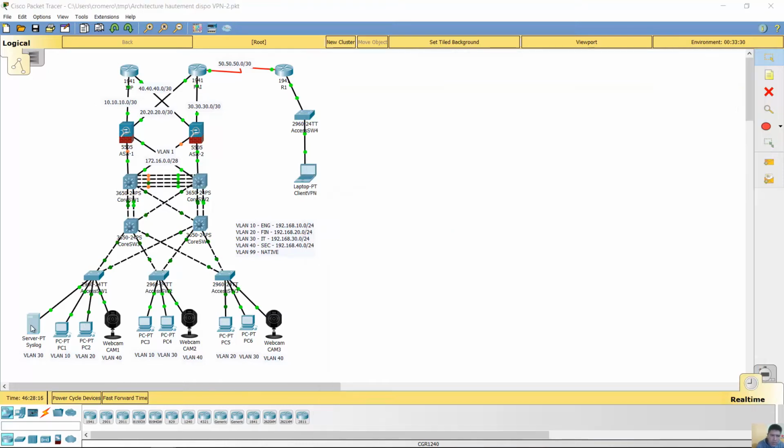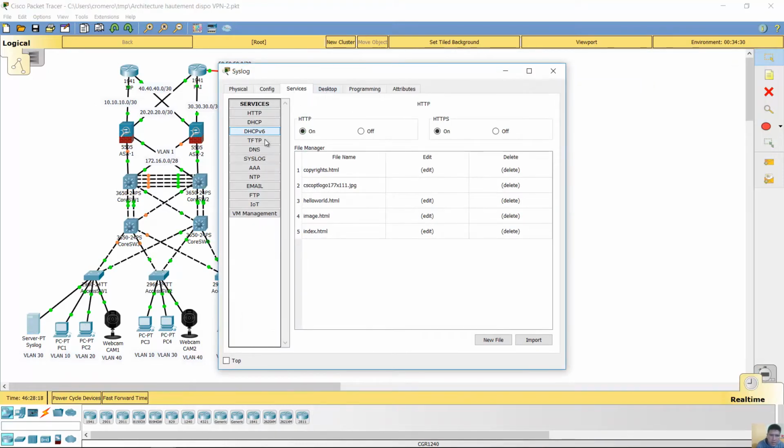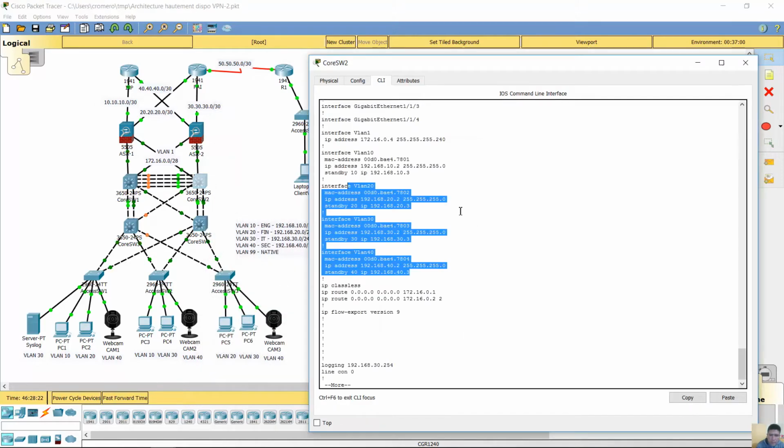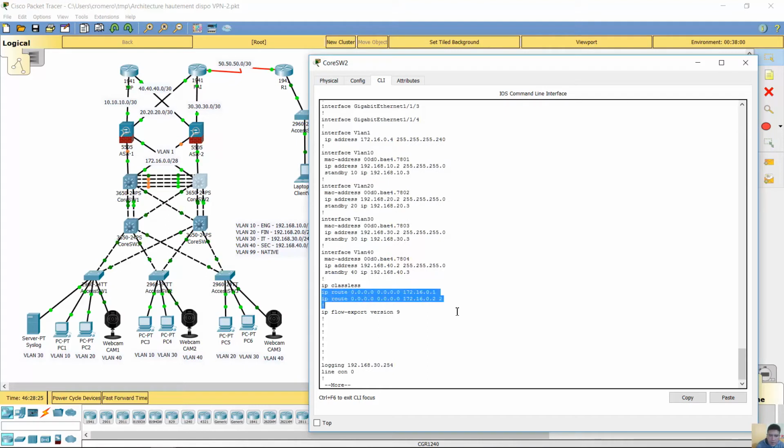And these are the default static routes to reach internet and the branch.